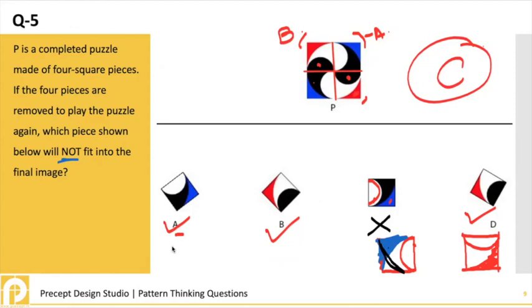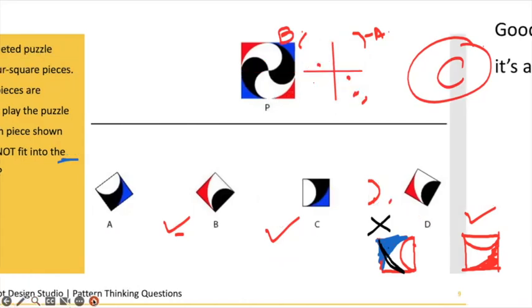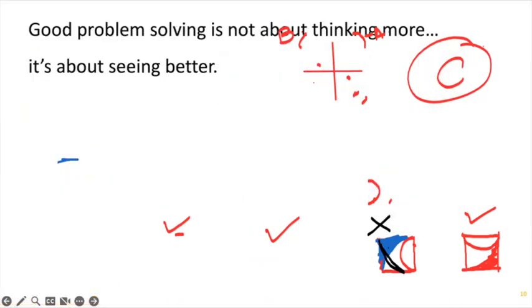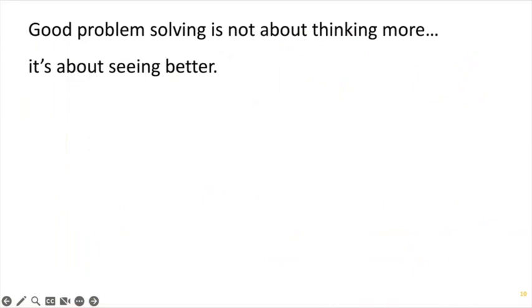And frankly, good problem solving is not about thinking more. It's actually about how you see better, how you start observing better. And when you make that shift, questions like these won't feel random to you. So next time, when you start solving a puzzle, ask yourself, what am I actually looking at? What am I actually looking for?